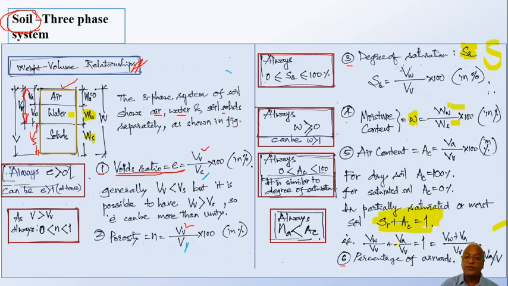Then lastly, percentage of air voids, NA. N we have already defined as volume of voids to volume of total soil. Here, volume of air voids to the total volume is known as percentage of air voids.